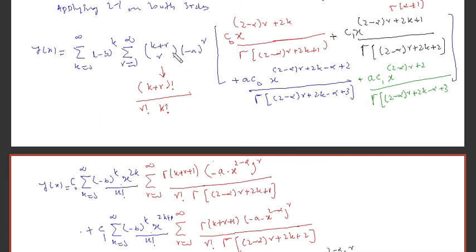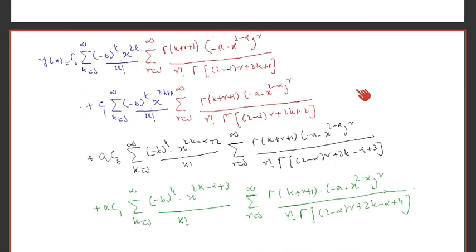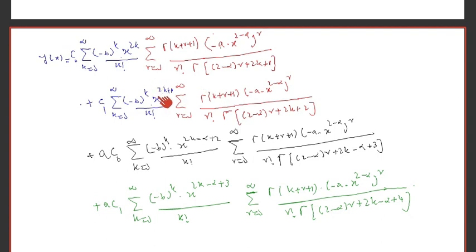Then I put all the series in the same format, and you can see that I just joined the series with respect to their k terms and r terms. I put all the k terms with the k series and r terms with the r series, and here is the solution which I needed to prove. Hope that helps. Thank you for watching.